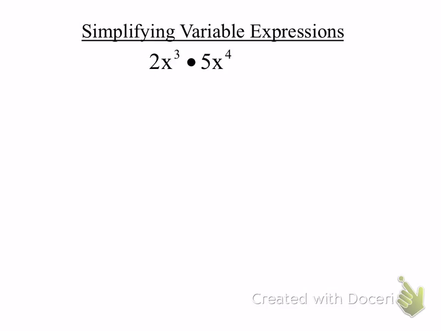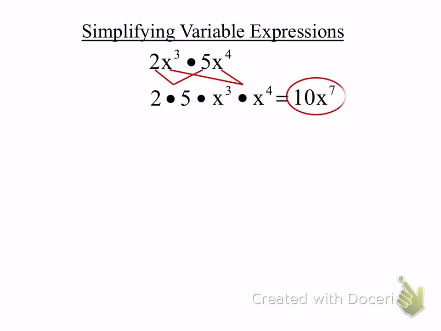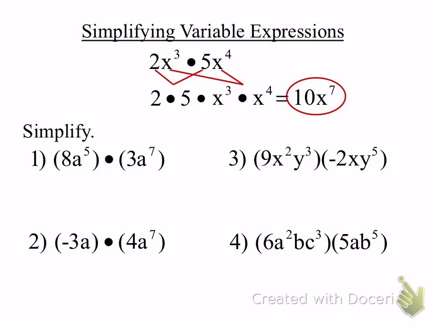All right. So now, multiplying with coefficient, coefficient with coefficient, like base with like base, and we use our exponent rules. So let's look at number 1. What would it be? What do you think it would be?